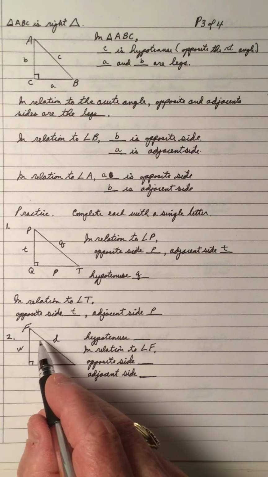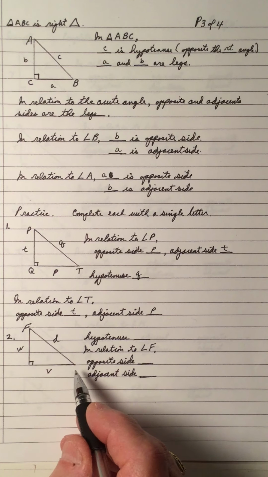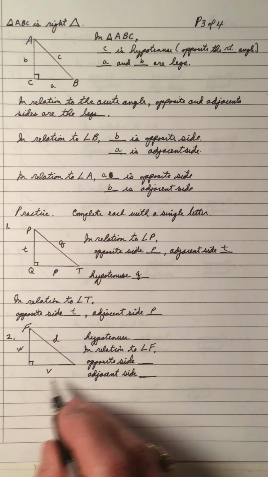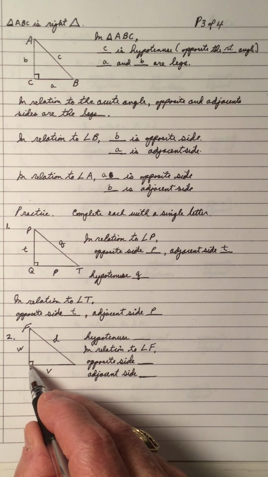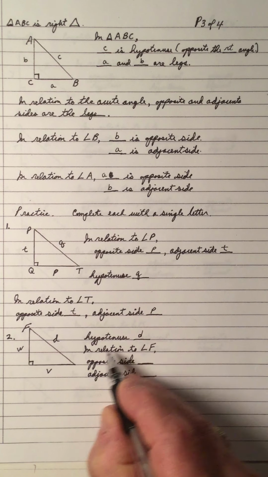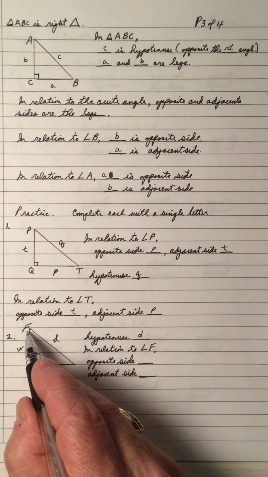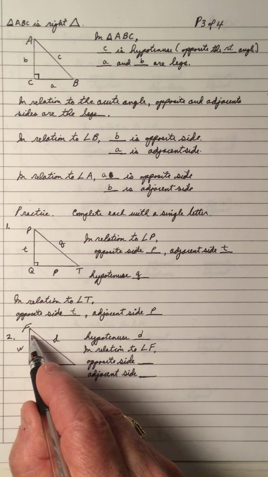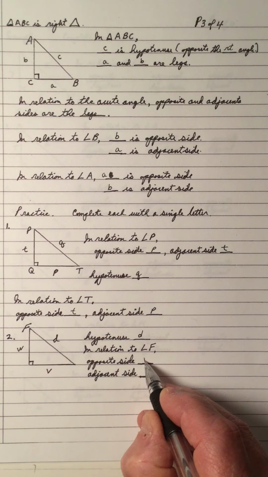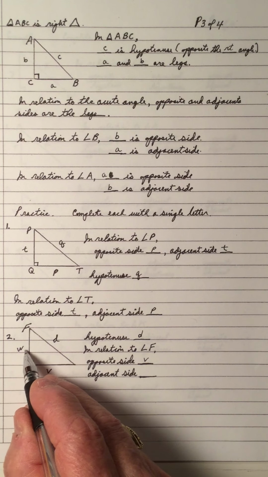Number 2, we have a triangle, and we have it named, but I just have different letters here now, which makes no difference. In this triangle, the hypotenuse is d across from the right angle. In relation to angle F, the opposite side is v, and the adjacent side is w.